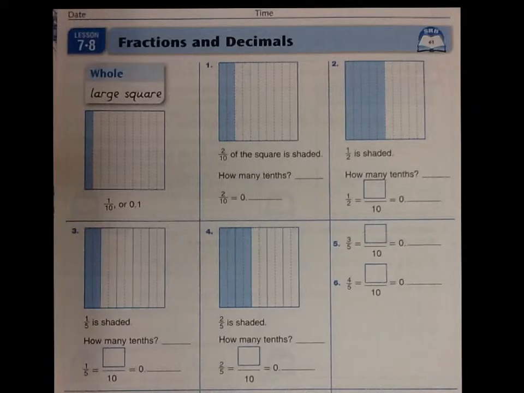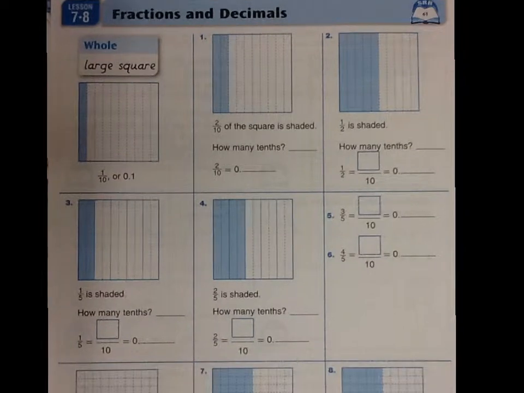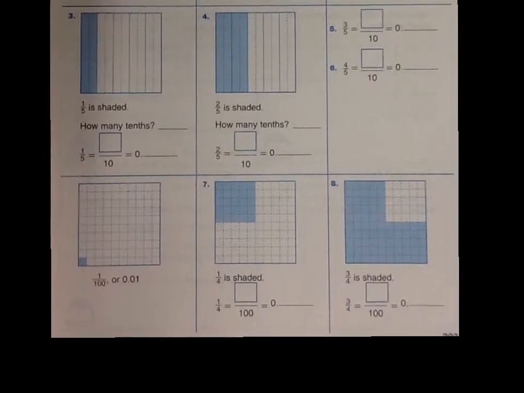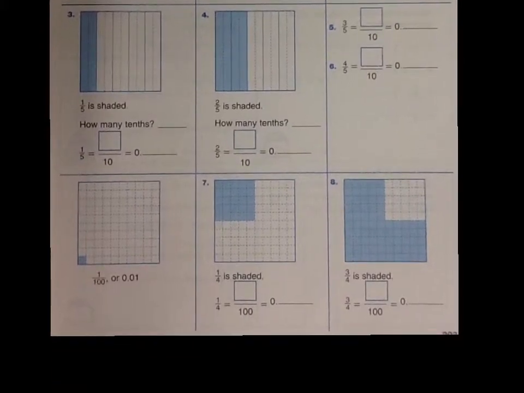Now I would like you to turn to page 203 in your math journal. We can see on this page that the whole that's being used is a large square, and numbers 1 through 4 are in tenths, and also numbers 5 and 6, and then numbers 7 and 8 are in hundredths.